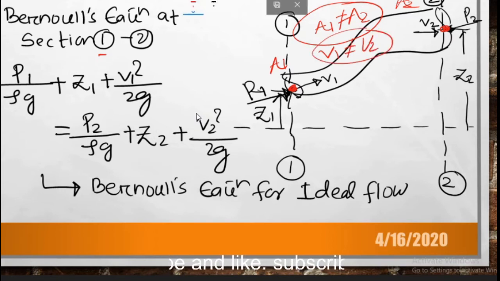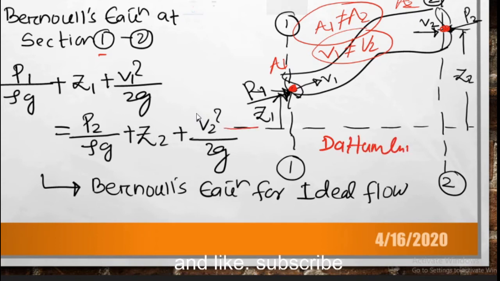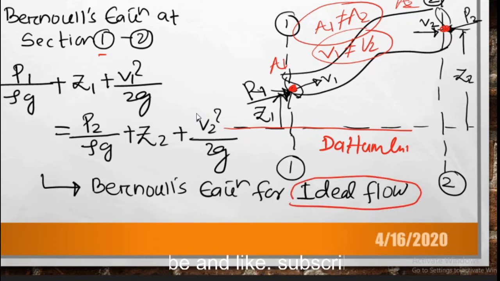If you write this Bernoulli equation, this is P1 by rho g plus Z1. This is my datum line, and from this datum line we will consider the elevation of the various points or sections. So this Bernoulli equation is valid for ideal flow.